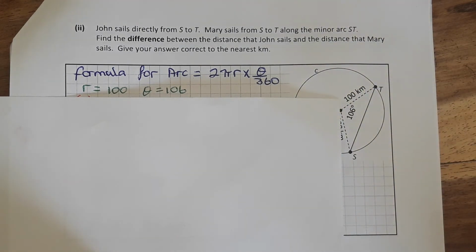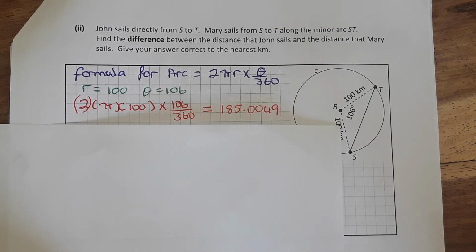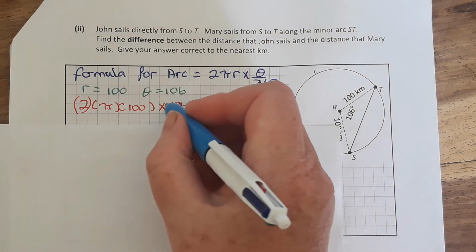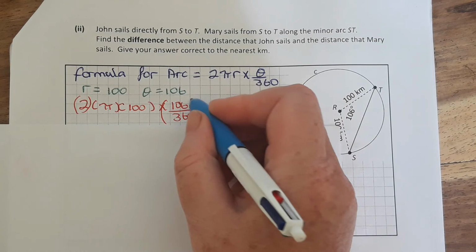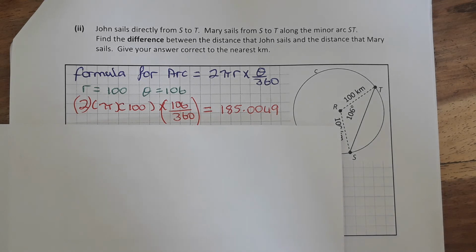Theta we've worked out is 106. So in your calculator, put it all in brackets. You can do it by multiplying by that, but I think it's better if you put it all in brackets. Bracket 2, pi, 100, bracket 106 over 360 equals 185.0049.